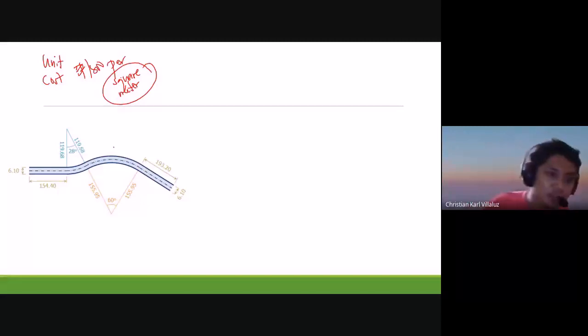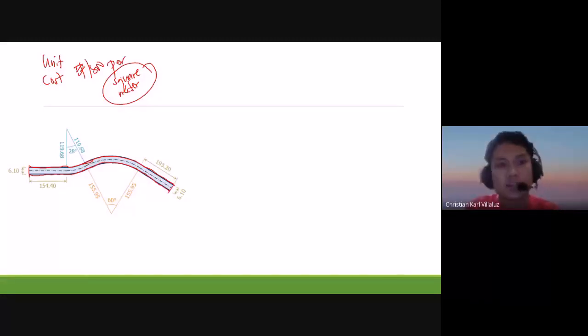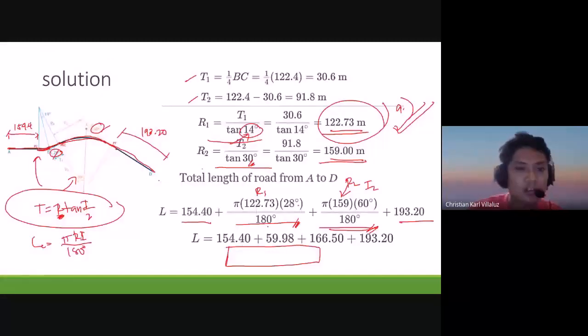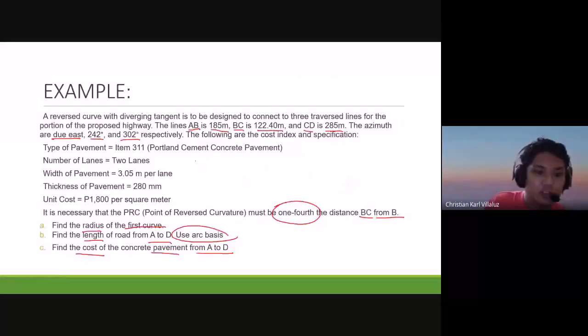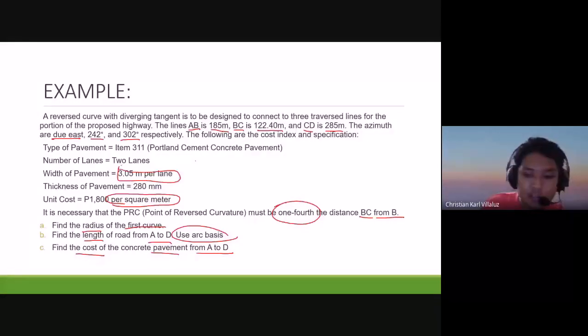So, we have to identify this area, the area of the roadway. Based on the given, since the cost is per square meter, what we can use here is the width of the pavement, and given 2 lanes, we have a total of 6.1 width.